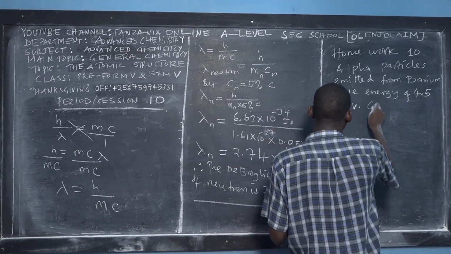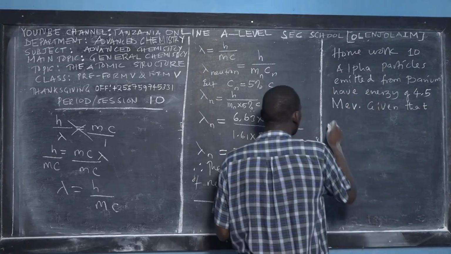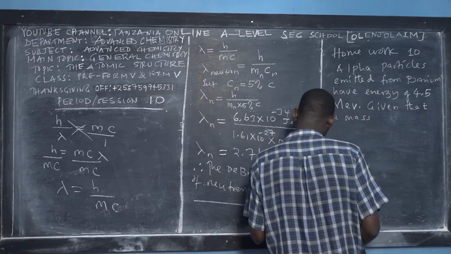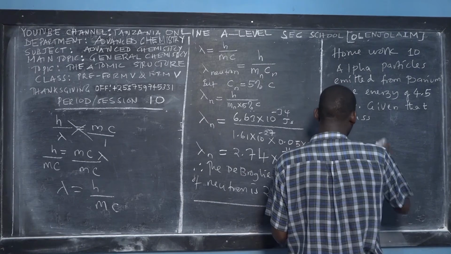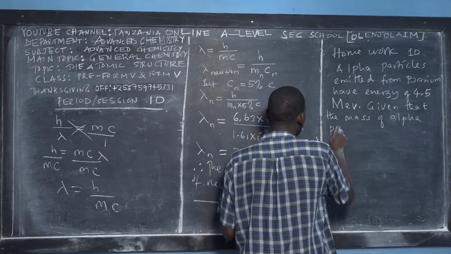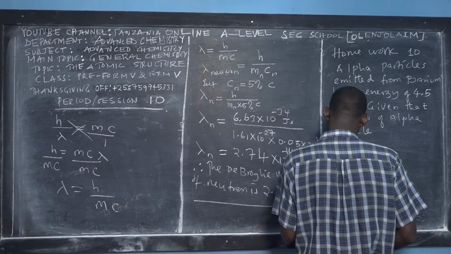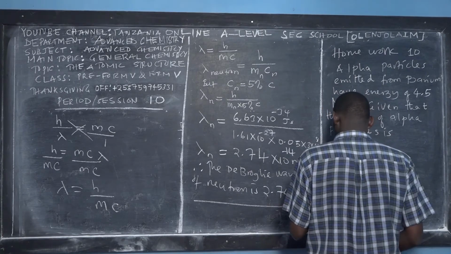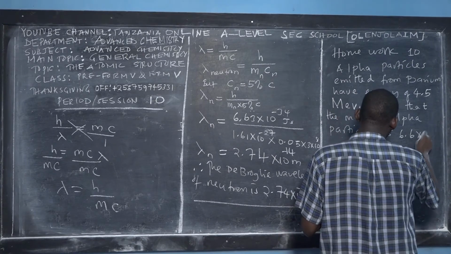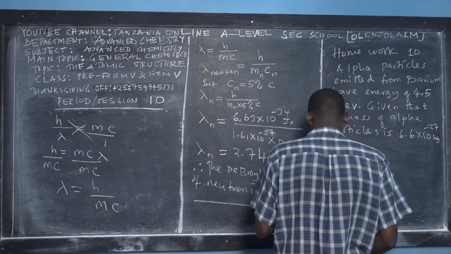Given that the mass of the alpha particle is 6.6 exponent negative 27. You see, it's less in mass.